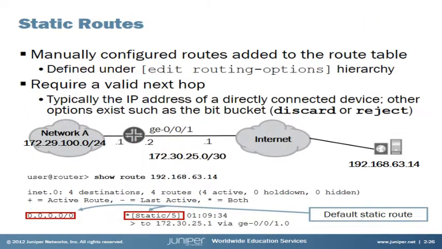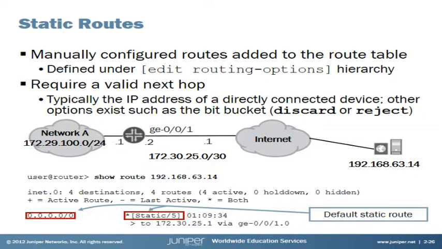All right, static routing. This is something we're relatively familiar with. Manually configured routes added to the route table. So, found under Edit Routing Options, it requires a valid next hop, typically the IP address of a directly connected device.